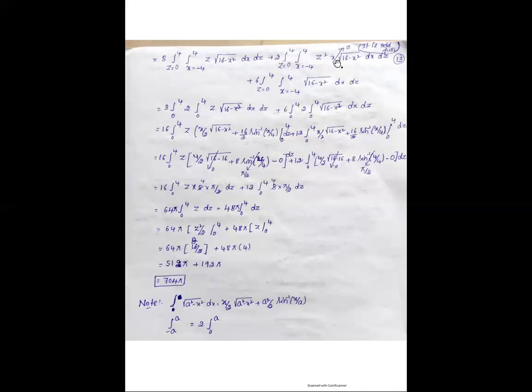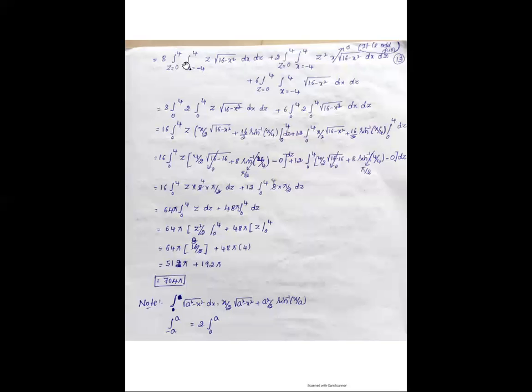Here the second term becomes 0. Here x is an odd function, so we write directly 0. Simplify the first and third integrals. 8 into integral from minus a to plus a. Here with respect to x, the standard formula for square root of a square minus x square dx. That's why we can write the integral of minus a to a as 2 times the integral of 0 to a.